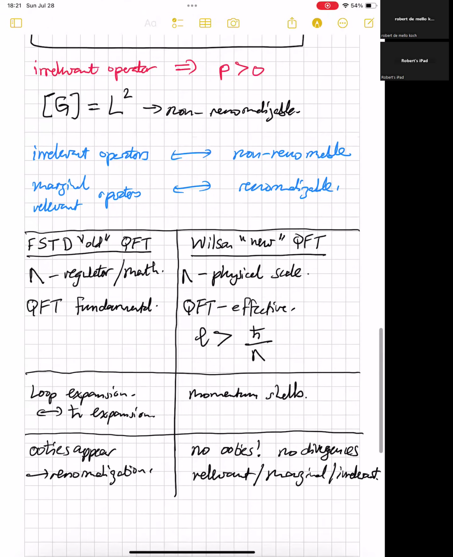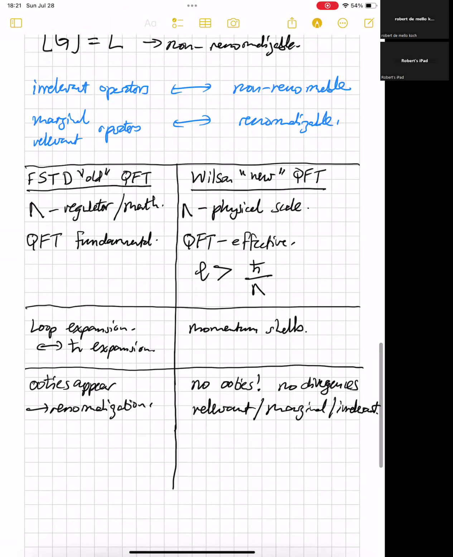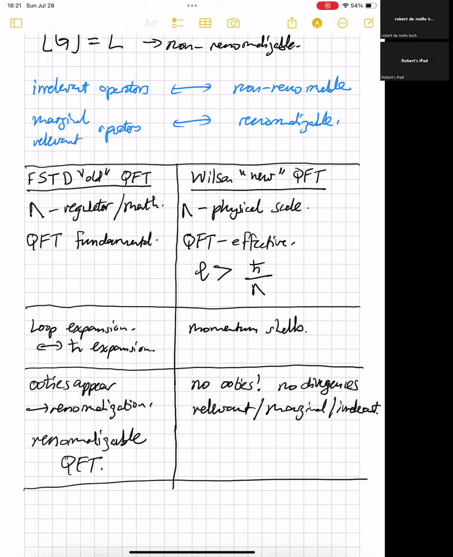Feynman, Schwinger, and Tomonaga tell you that you must use a renormalizable QFT, and this must be used so that you can actually carry out the renormalization program. Otherwise, you can't even renormalize your theory. There will be infinities that you can't define. From Wilson's point of view, you don't declare that you need renormalizable quantum field theories.